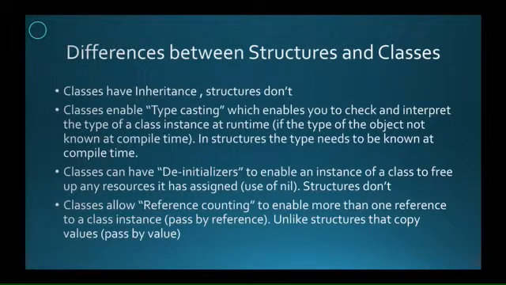Another advantage of classes is that classes allow you to do something called reference counting, to enable more than one reference to a class instance, what we call pass by reference. Unlike structures that copy values and do something called pass by value. Now this is a very important concept. Pass by reference and pass by value.